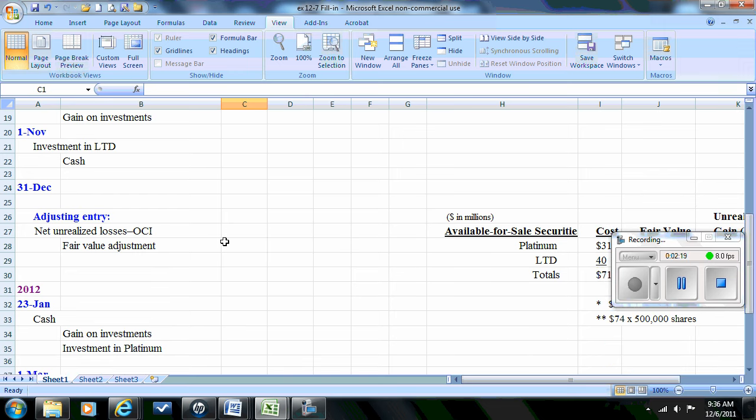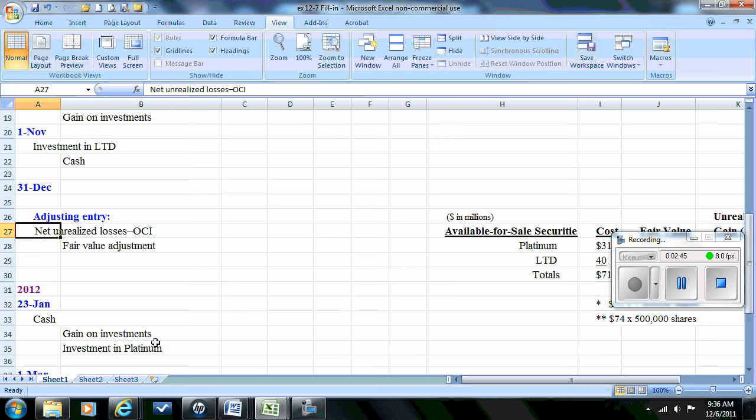And when we have available for sale securities, we will have a fair value adjustment account. It will be contra to the group of investment accounts. We don't need to maintain a separate fair value adjustment for each investment we have. We can group them all together and have one fair value adjustment.